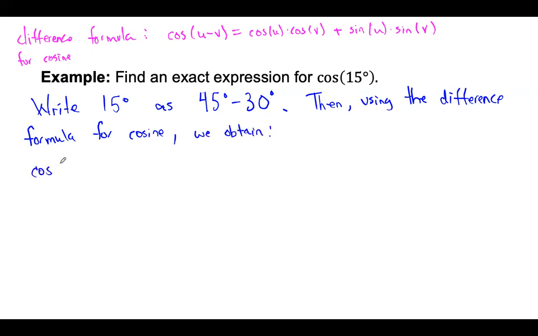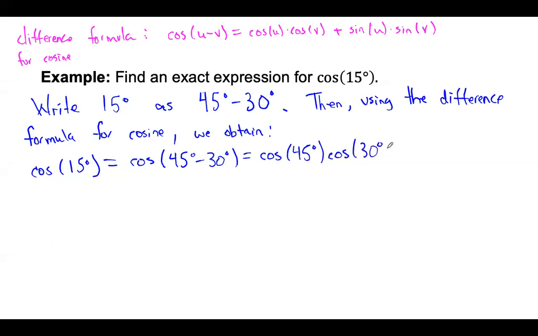So the cos of 15 degrees is going to be the cos of 45 degrees minus 30, which is equal to cos of 45 times cos of 30. I'm just plugging it in, plus sine of 45 times sine of 30.